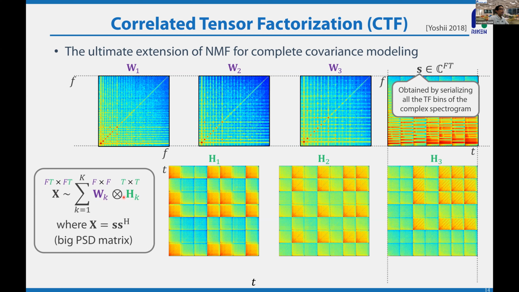In this domain, all the FT bins are independent because the covariance matrix is a diagonal matrix. This is so important. In the original domain, all the TF bins are dependent. However, in this new domain, all the TF bins are independent.